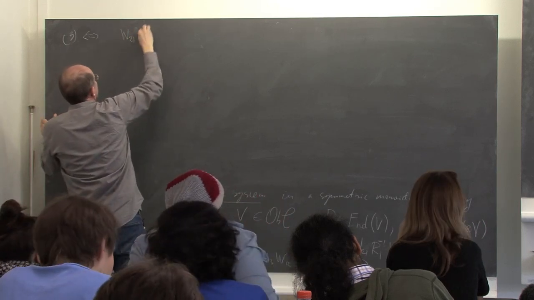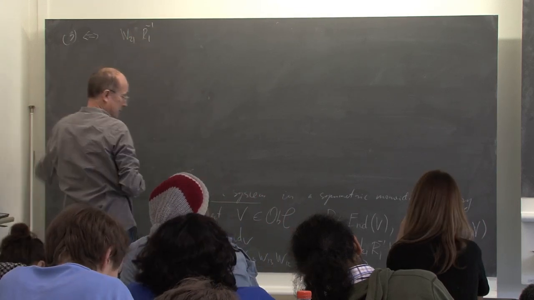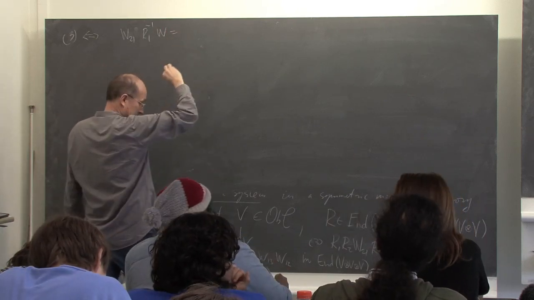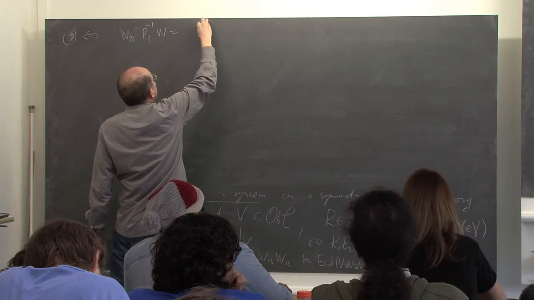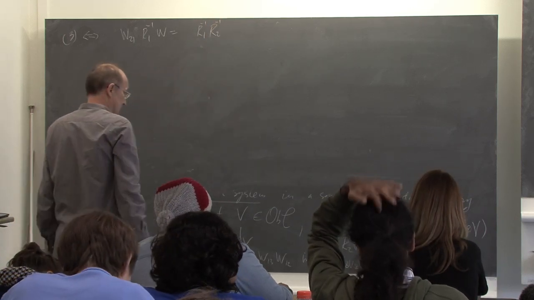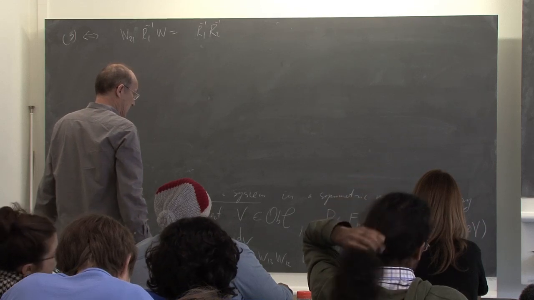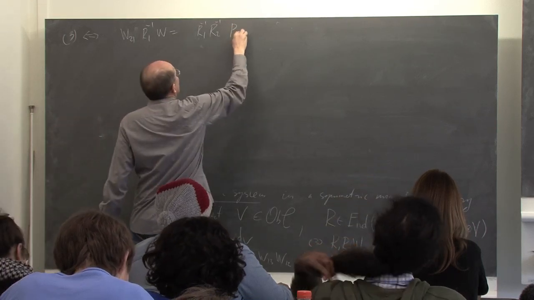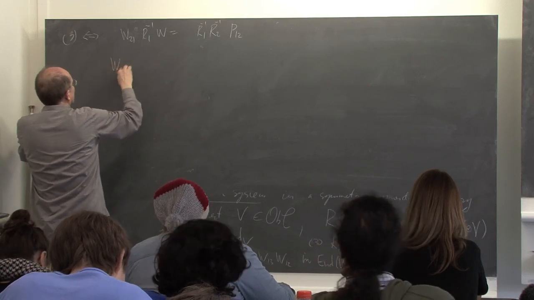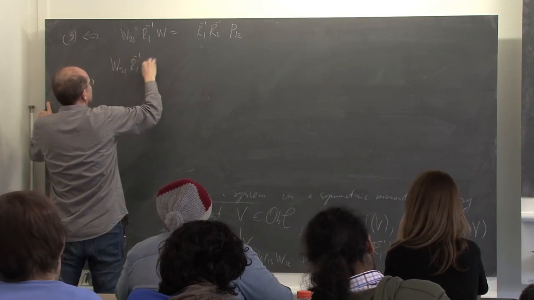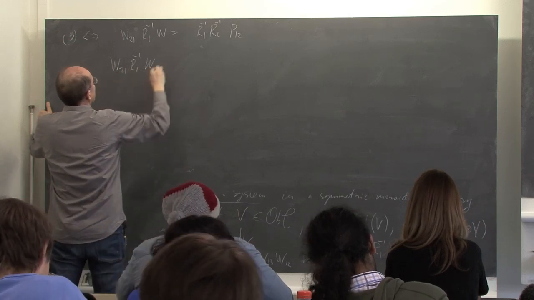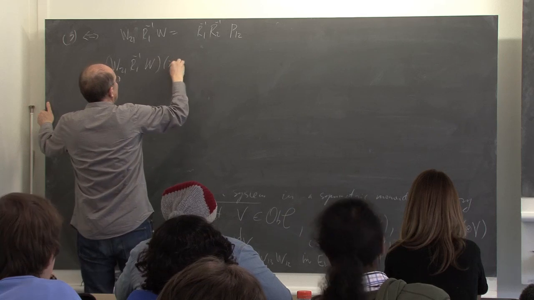W2,1 R1 inverse W equals R1 inverse R2 inverse P1,2. So let us apply this now to x and y. So W2,1 R1 inverse W of xy.